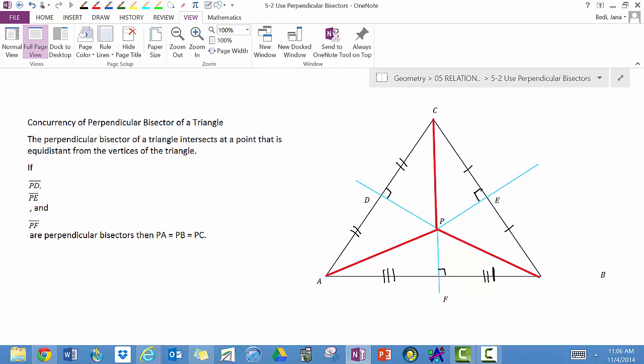There is something very special about the perpendicular bisectors of a triangle.